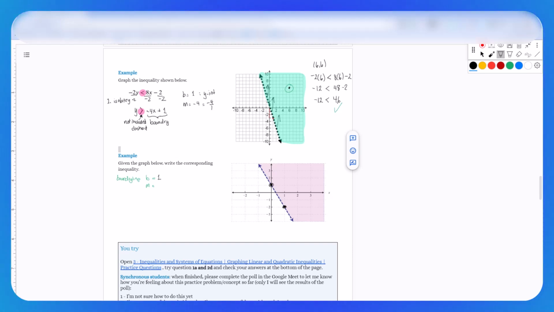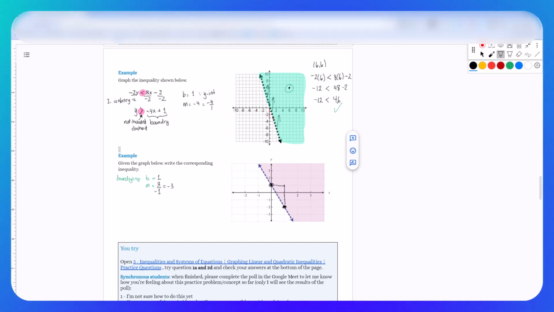Well, if I start at the lower point, I go up 1, 2, and 3. So my rise is 3, and my run is to the left. So my run is -1, and 3 divided by -1 is -3.